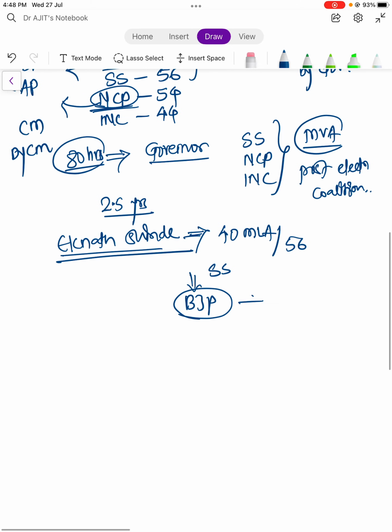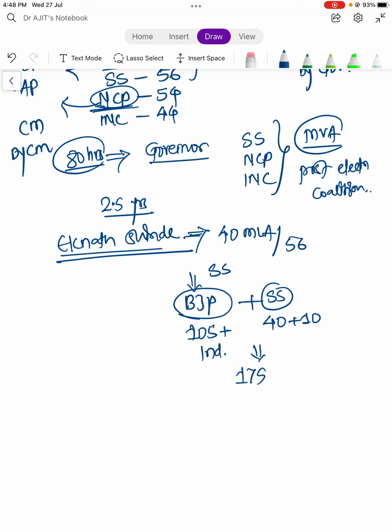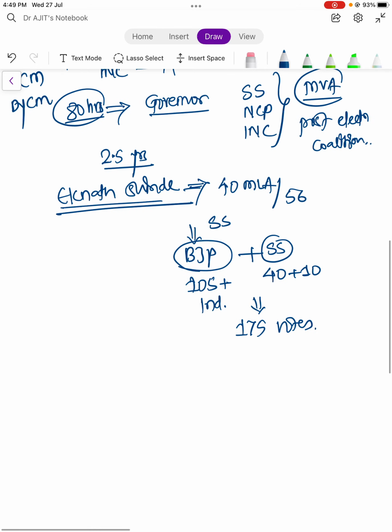So now BJP plus this faction led by Eknath Shinde, around 40 MLAs, plus some 10 independent MLAs' support. Now they formed the government and they gathered around 175 votes, right? So now this is the government, and the Eknath Shinde faction of Shiv Sena has become the chief minister of Maharashtra, right?